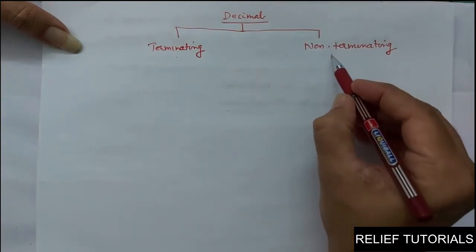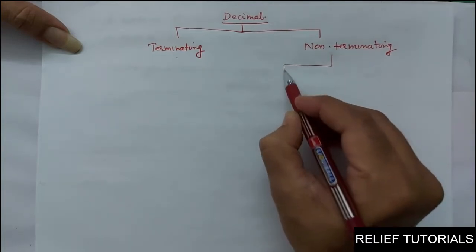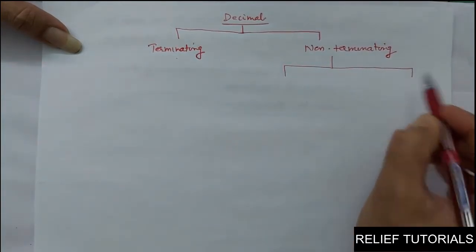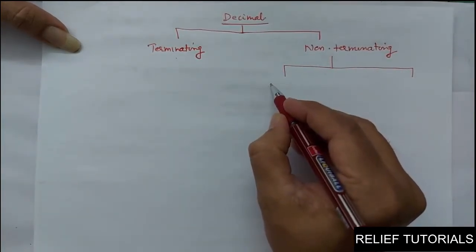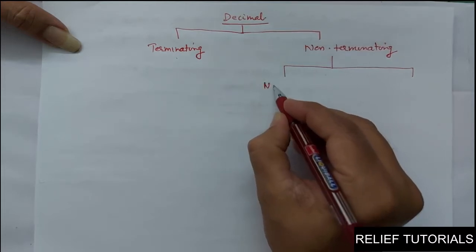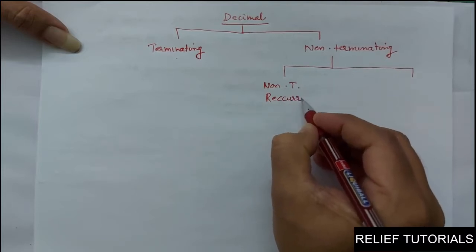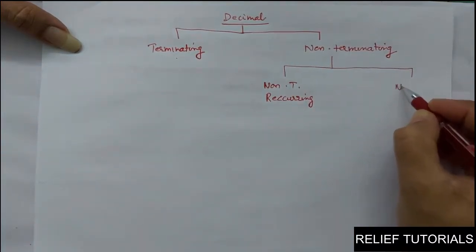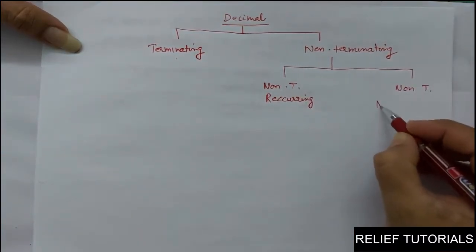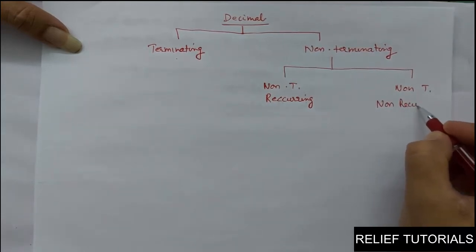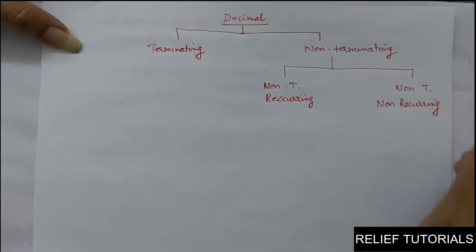Now these non-terminating decimals are further of two types: non-terminating recurring, and non-terminating non-recurring.